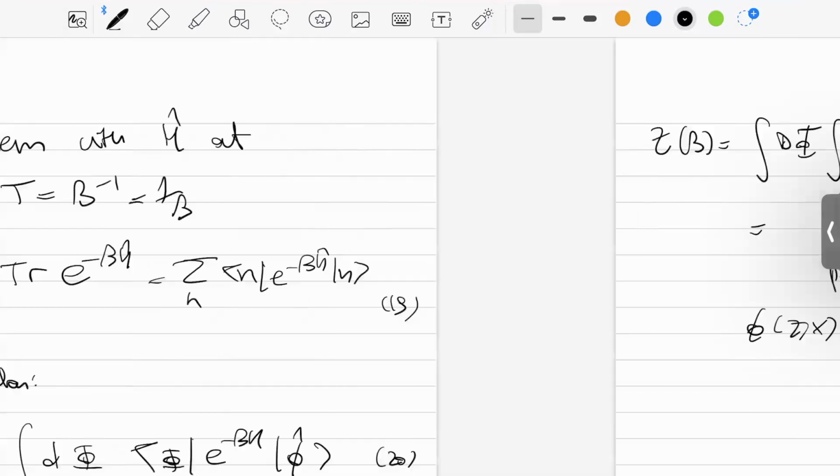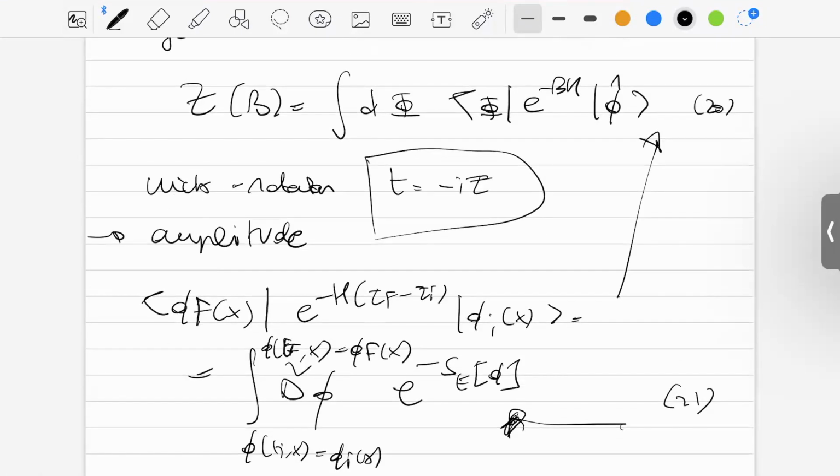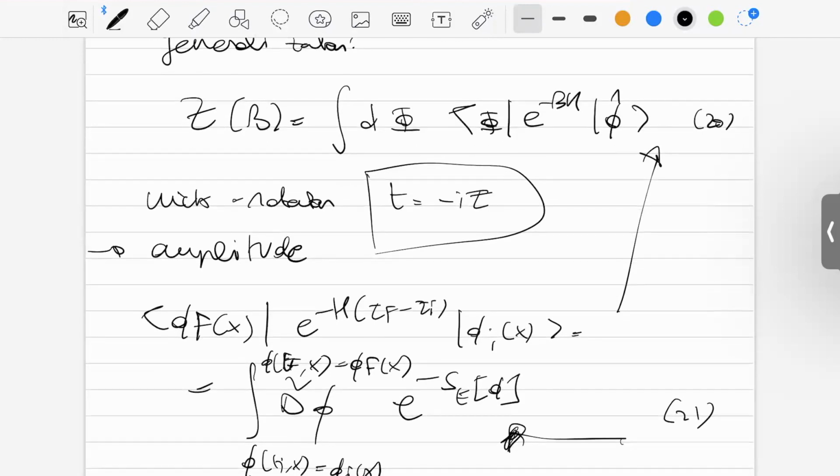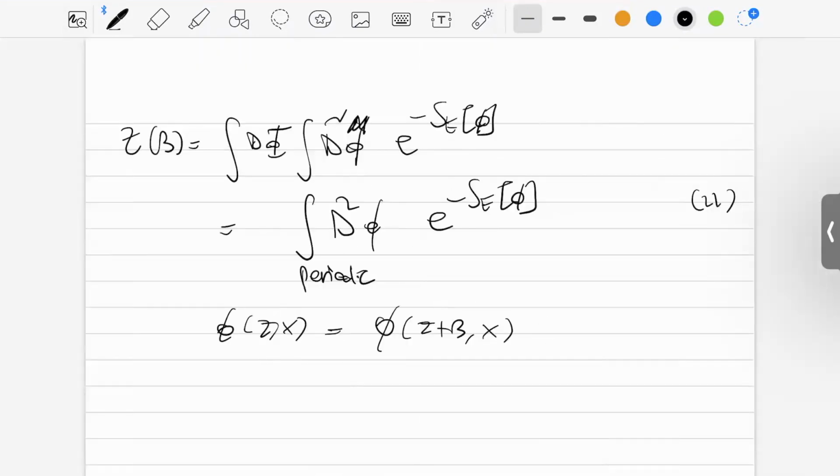As soon as I do this identification, so if I say that time is periodic with period beta, where beta is the inverse temperature, then these two formulas 20 and 21 are the same. So it means that I can compute a generic transition amplitude, or I can compute the partition function using the path integral formally.